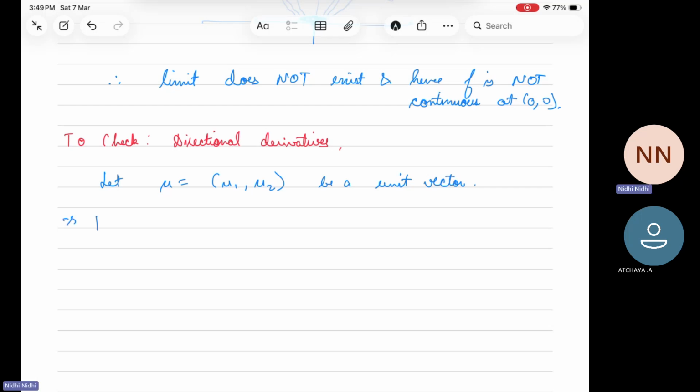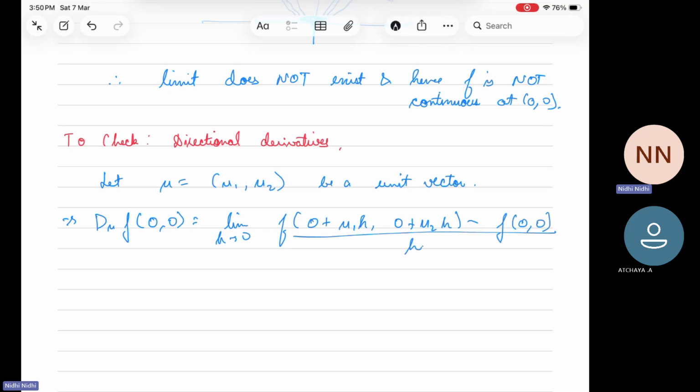So by definition, the directional derivative in the direction of u of the function f at 0, 0 is equal to limit h tending to 0 of f(0 plus u1h, 0 plus u2h) minus f at origin, upon h.